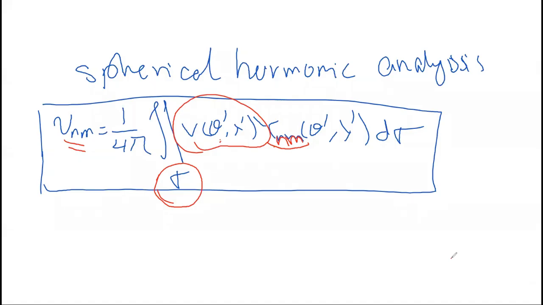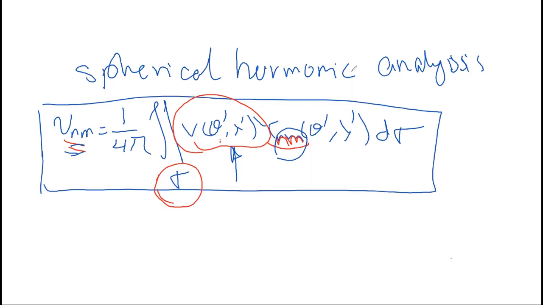Okay, that's analysis. Spherical harmonics analysis. It means that we have the function V over a sphere, and based on this frequency, we compute the spherical harmonic coefficient, or contribution of the gravitational potential along the base function. If we use the potential to get the spherical harmonic coefficients, it's called analysis.